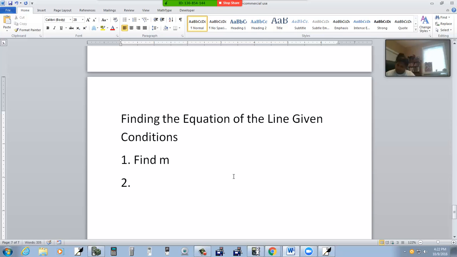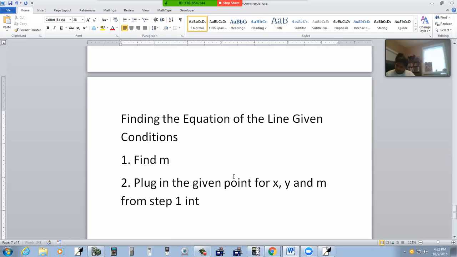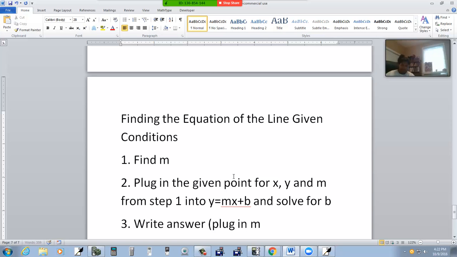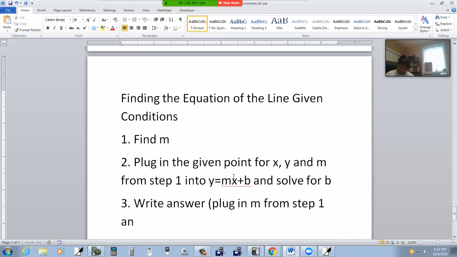Our second step is to plug in the given point for x and y, and m from step 1, into y equals mx plus b and solve for b. And step 3 is to write our answer. Plug in m from step 1 and b from step 2 into y equals mx plus b.